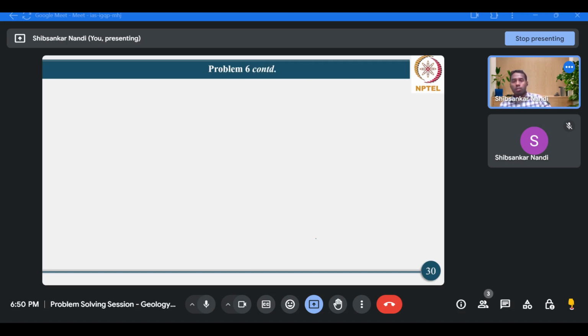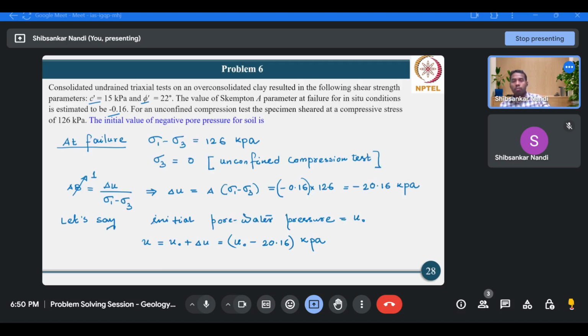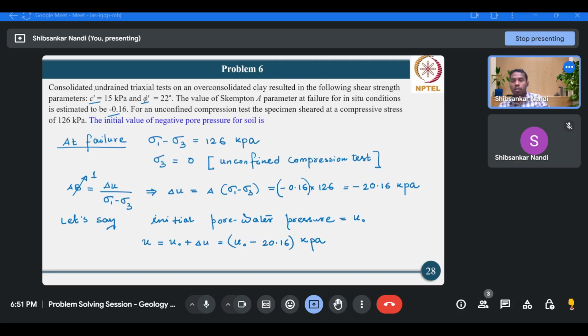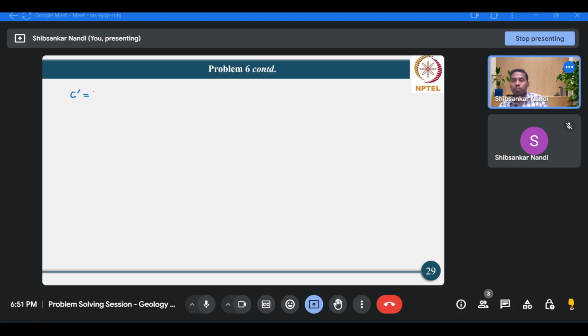Again, we know c prime is 15 kPa and phi prime is 22 degrees. So you can utilize this expression.